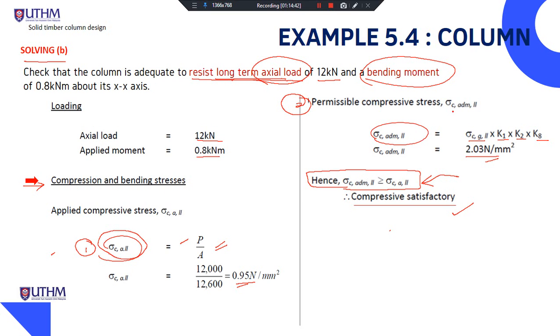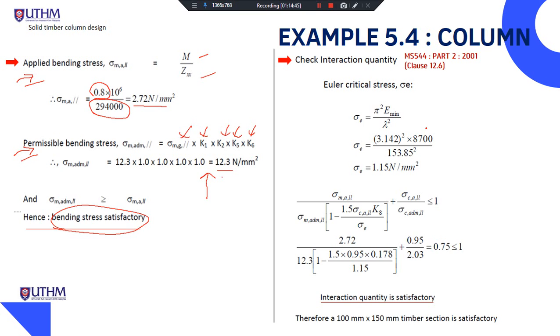Next we bring these values into the equation as stated in 12.6 of Malaysian Standard 544. In this equation, you need to calculate the Euler critical stress based on E minimum.